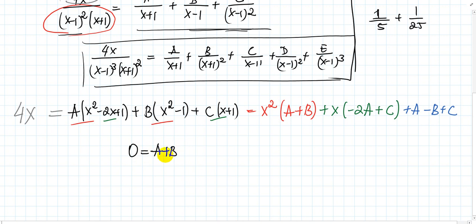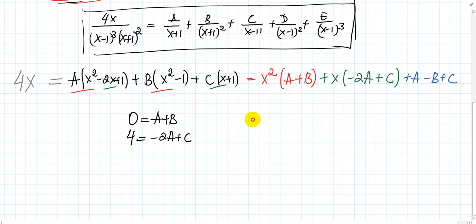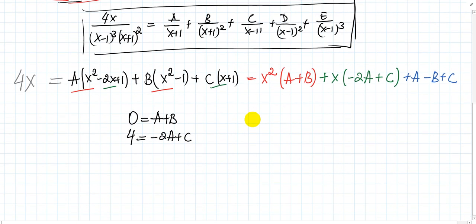Do you understand what we're doing? What is the coefficient in front of the x on the left-hand side? 4. On the right-hand side? Minus 2a plus c. What is the free coefficient on the left-hand side? 0. There is no free coefficient. On the right-hand side? A minus b plus c, right?